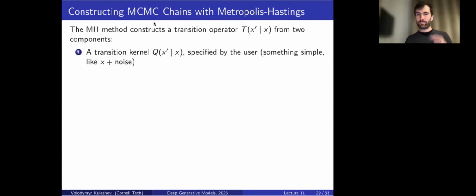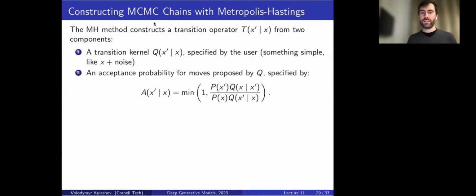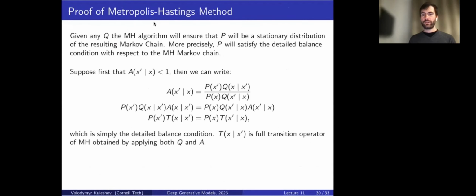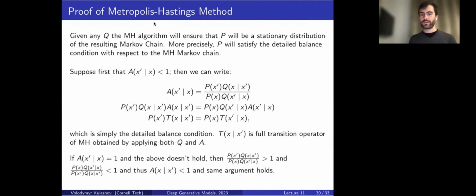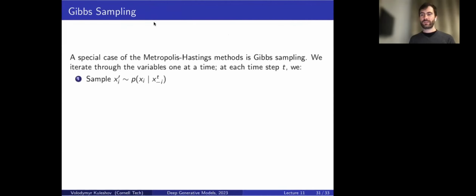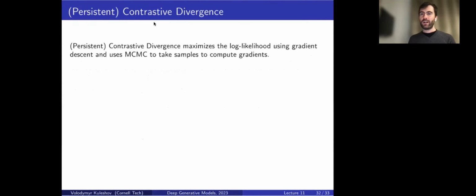So given any P, Metropolis Hastings, which is on this slide, gives me a formula for defining the transition operator whose stationary distribution will be the P that I want. Okay, so I'll skip this part. And there's a short proof actually for why that's the case. And a special case of Metropolis Hastings is Gibbs sampling. I'll skip this, sorry.